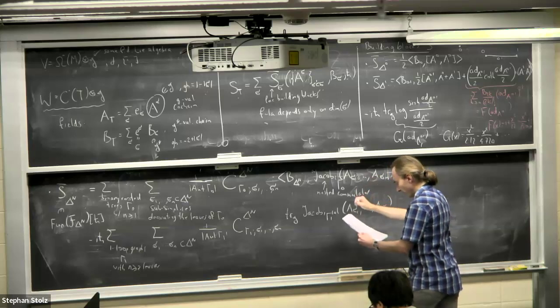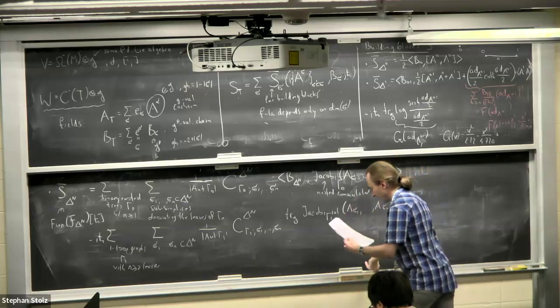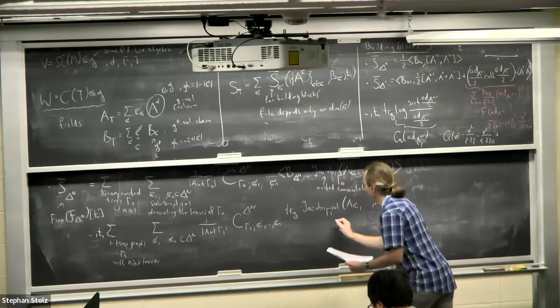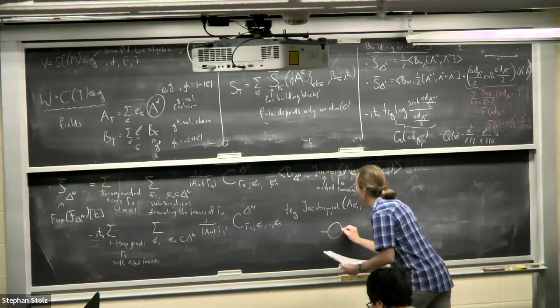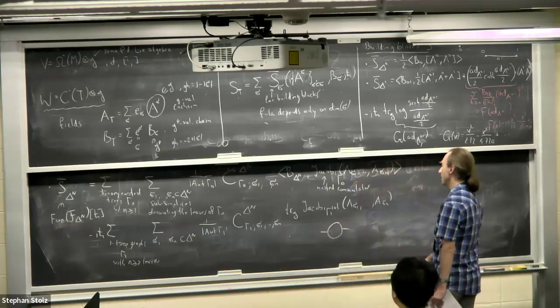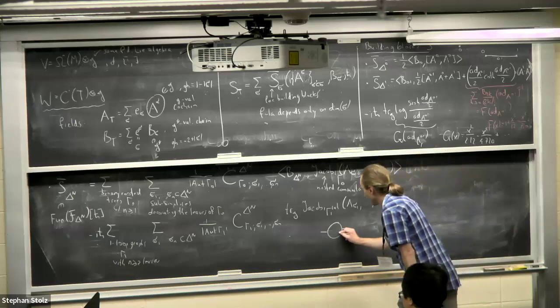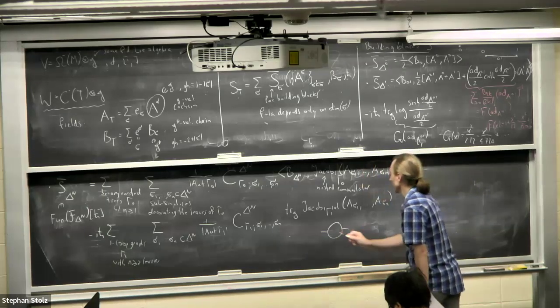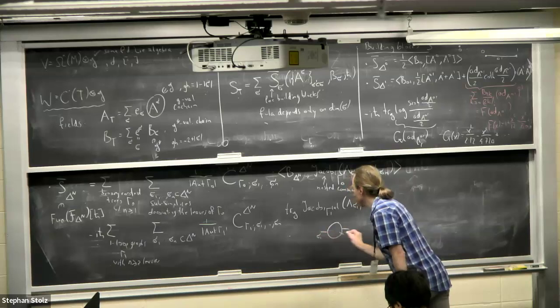I didn't plan to show an example, but for instance, if gamma 1 is this graph, then I cut the loop someplace, and there's sigma 1, sigma 2.